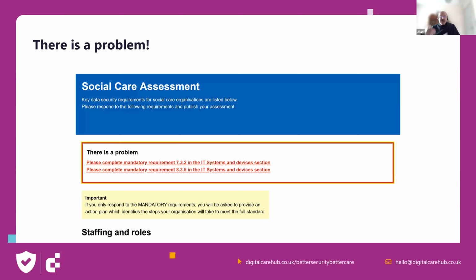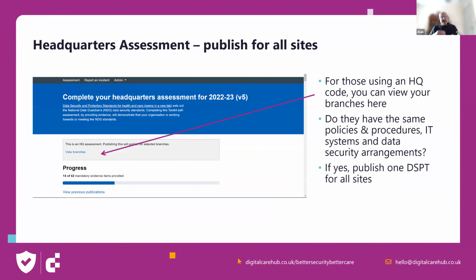If you registered with an HQ code, and this is where we get into the bit that I was referring to in the questions earlier, so a headquarters assessment, you can view the branches where the arrow is indicating. Just under the blue bar there is a View Branches link.